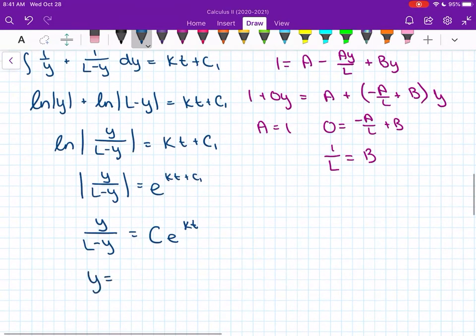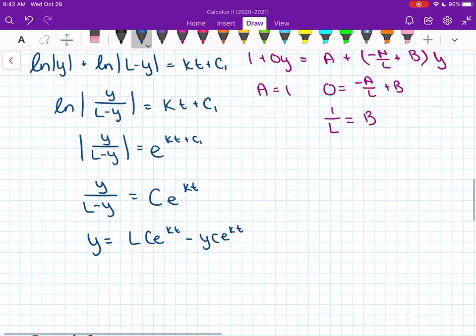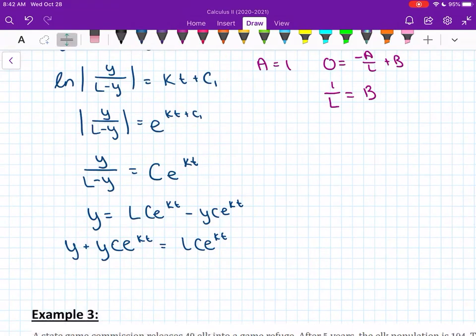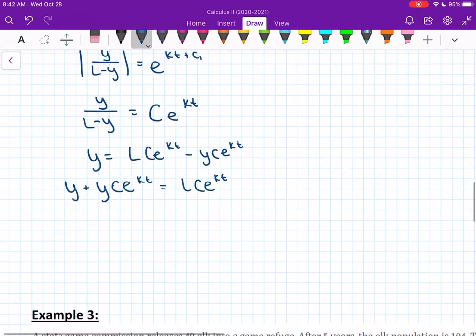Now we have this, and if I want to solve for y, I get y equals L times C e to the kt minus y C e to the kt. From there, I'm going to add the y term to both sides. So y plus y C e to the kt equals L C e to the kt.